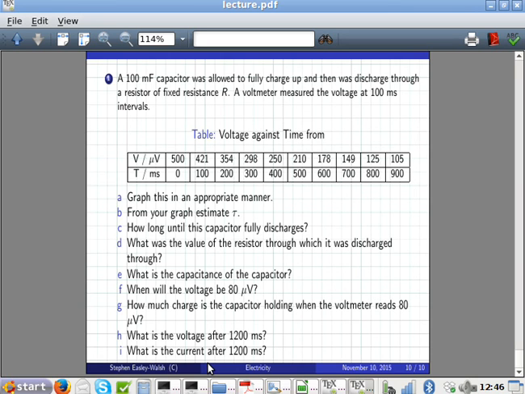Now, what's the unit for current? Milliamps. So milli is 10 to the minus 3. And what am I using for time? Milliseconds. What's milli? 10 to the minus 3. So they cancel.